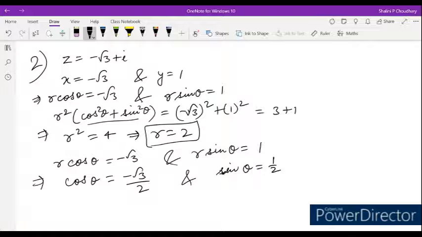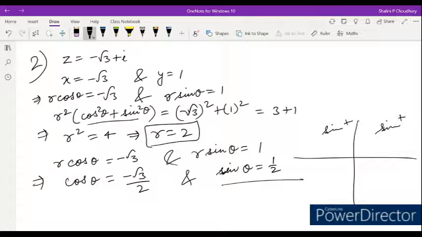Okay, now we know that in the first quadrant sin is positive, in the second quadrant also sin is positive, but here we can see the value of sin is positive but the value of cos is negative.